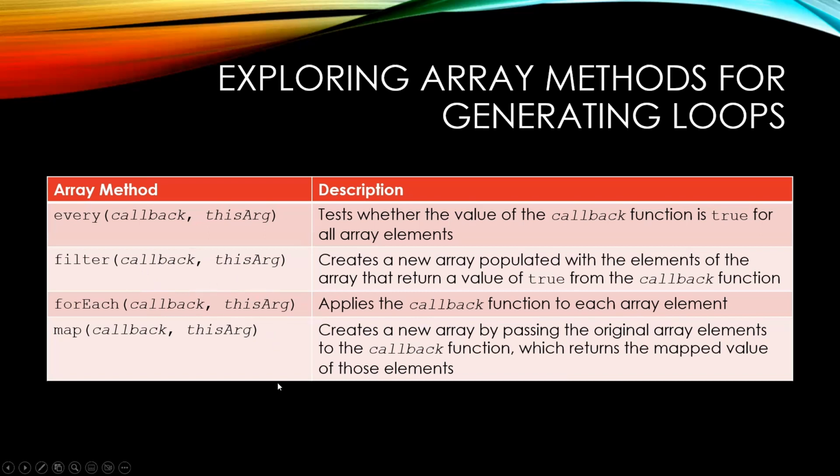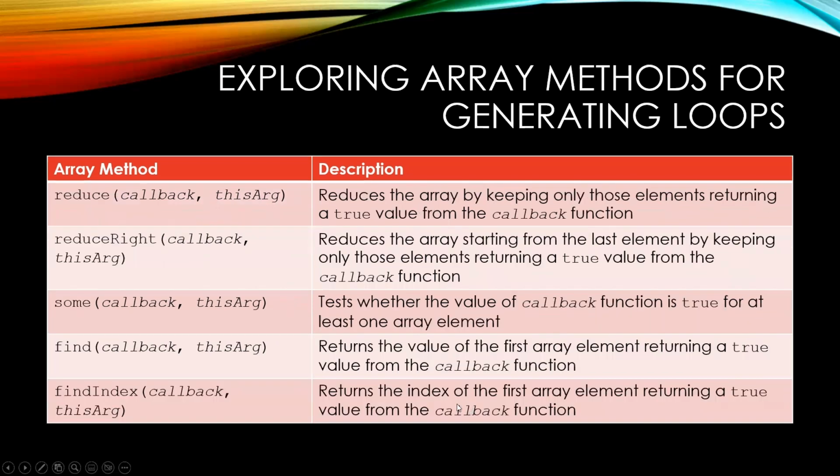And then finally, we've got map. That's going to create a new array by passing the original elements to the function, which is going to return the mapped value of whatever that element is. We've got reduce, which reduces the array by keeping only trues. reduceRight reduces the array starting from the last and heading back to the first.